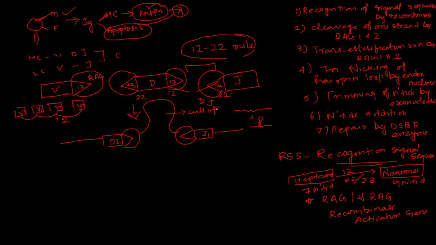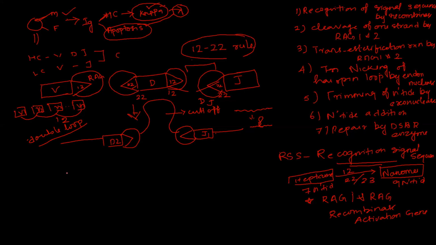Either it can make a single loop. Sometimes there is another combination, which is a double loop. Apart from single, it can also make a double loop. So this part will be cut off.